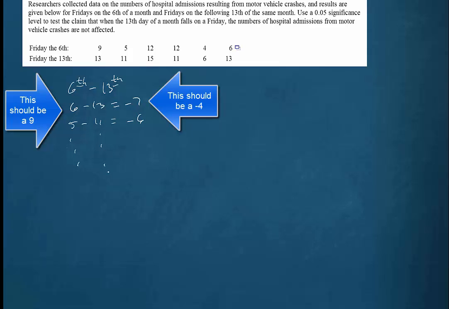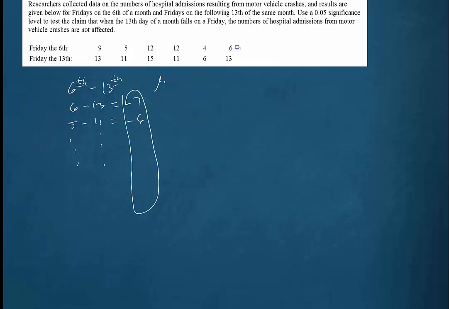We could continue this out. So we'll get this list of differences here and then find the mean of those differences. We're testing actually the population mean of those differences. And the way we're testing this is by saying that the population mean of those differences is 0, or the population mean of those differences is not 0.